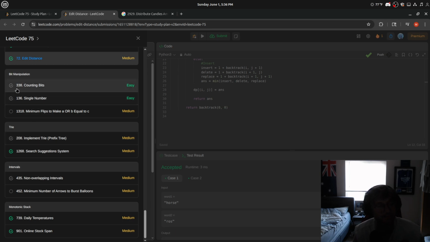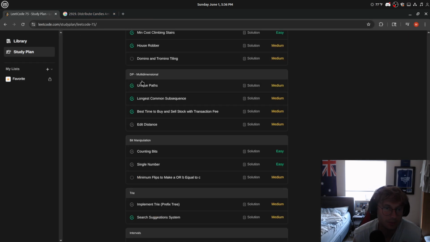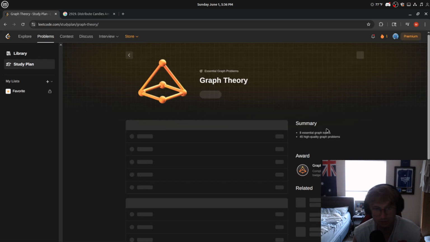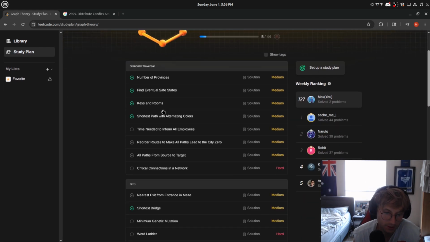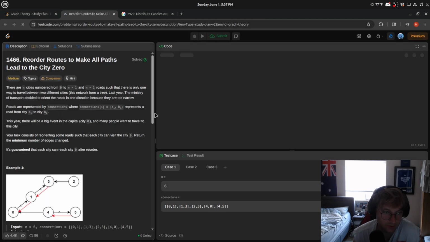Counting bits. I think maybe we just leave that for another day, and we do a graph theory problem. Always love the graph theory problems. Reorder routes to make all paths lead to city 0. I think this was a tough one when I looked at this last time.